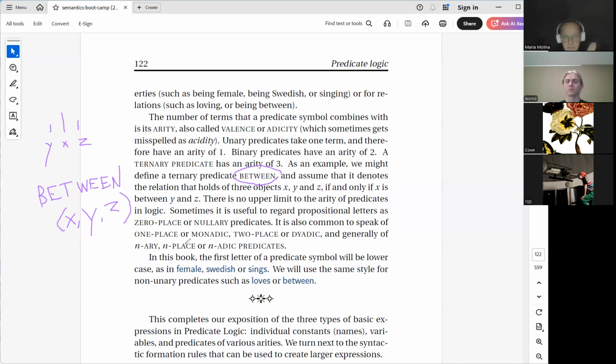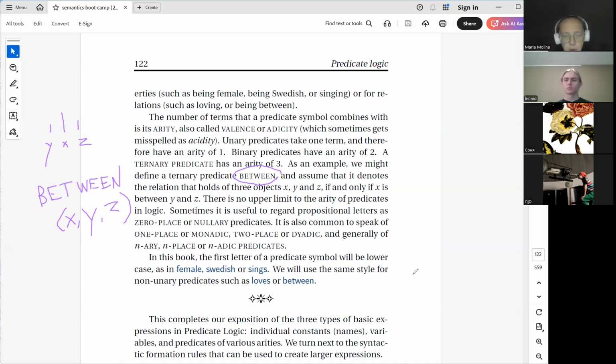Okay, and this is enough for us so far to talk about predicates: unary predicates that take one term, binary predicates that take 2 terms, ternary predicates that take 3 terms, and it can be more.